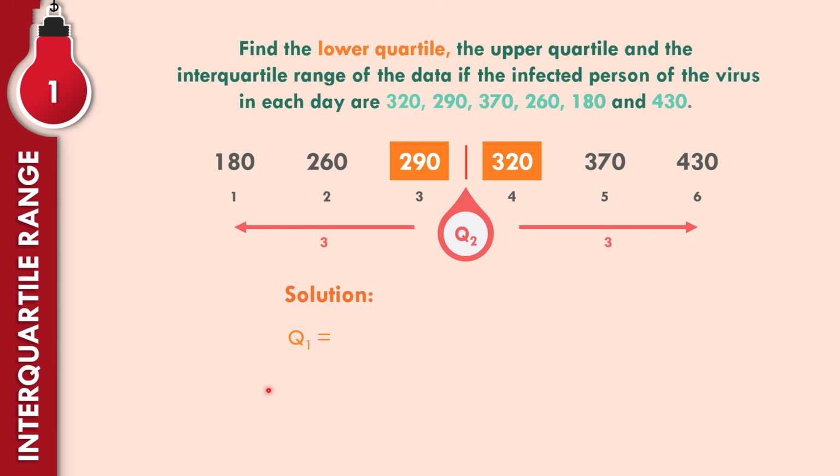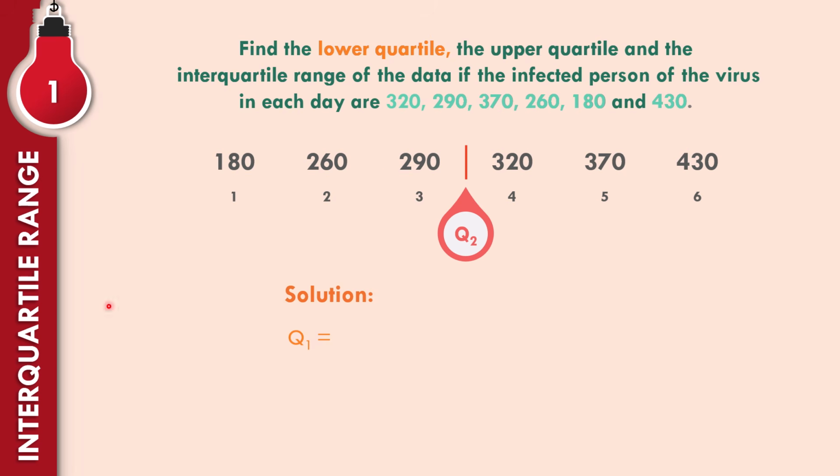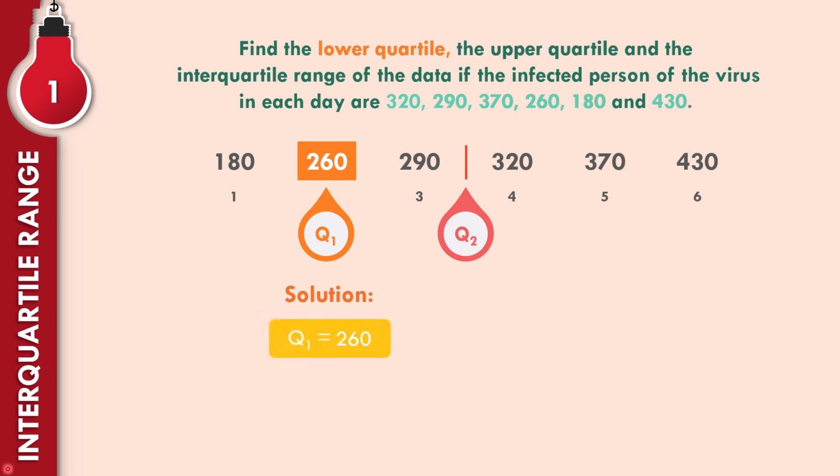Let us identify now the lower quartile. The lower quartile is equal to 260 because 1, 2, 3, the middle is 260. So Q sub 1 is equal to 260, or the lower quartile is equal to 260. How about the upper quartile, or the Q sub 3?